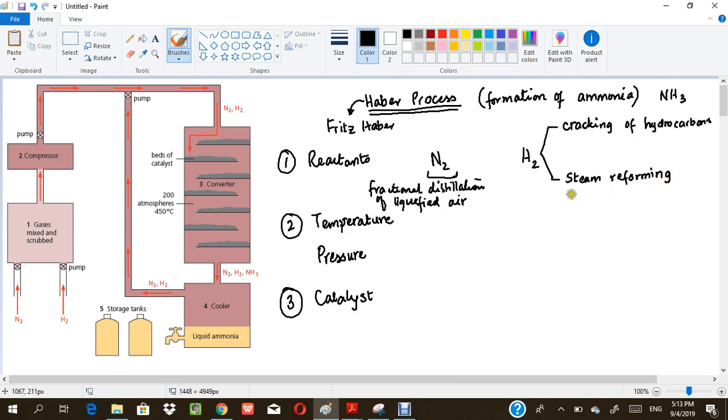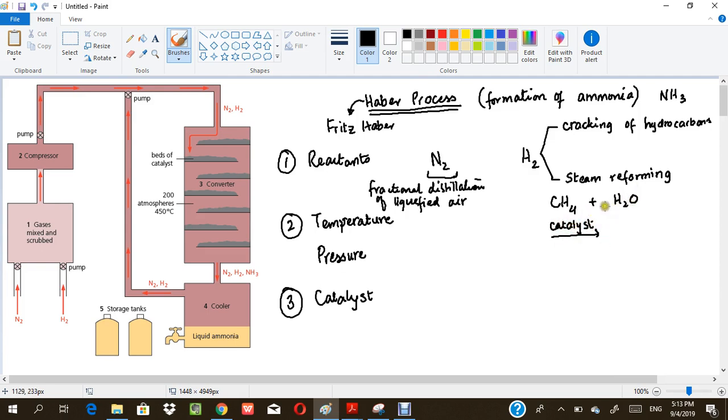In steam reforming, we react methane gas with steam in the presence of a catalyst. What is the name of that catalyst? You are not supposed to know at this level.